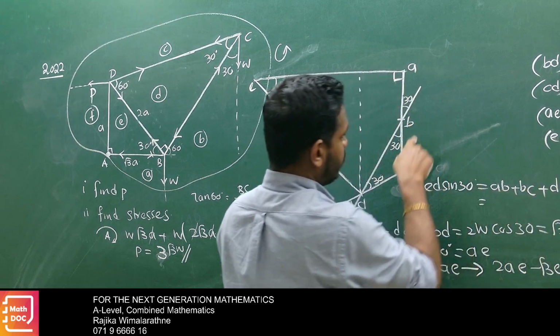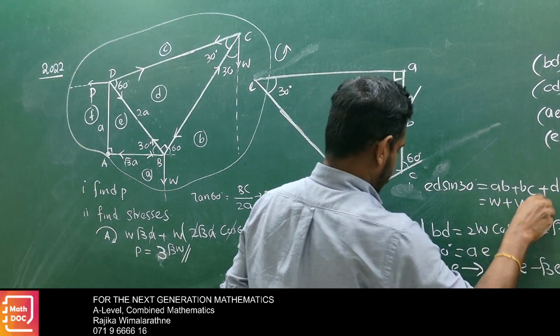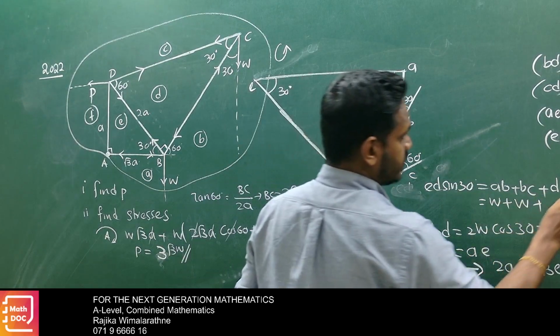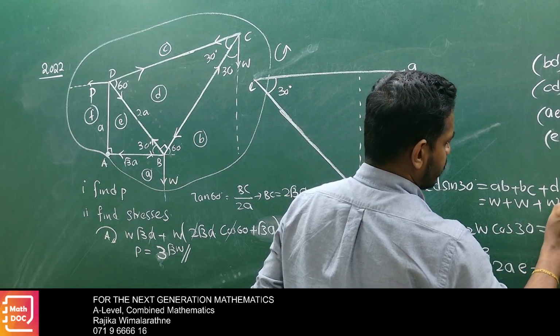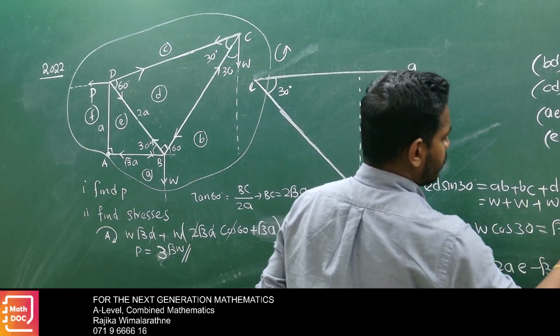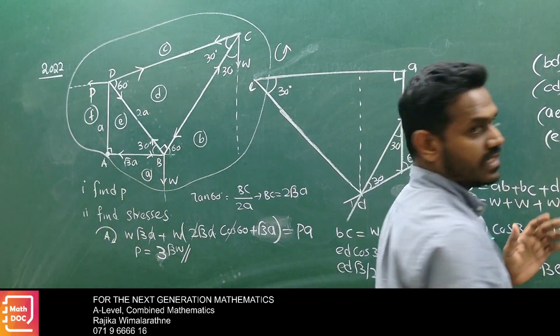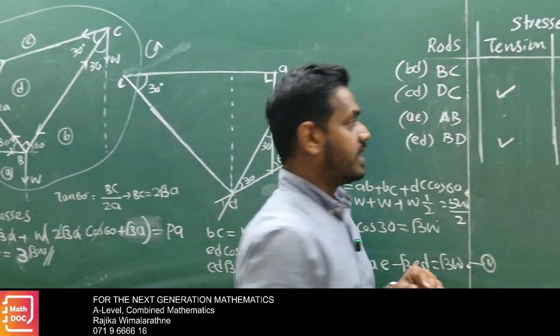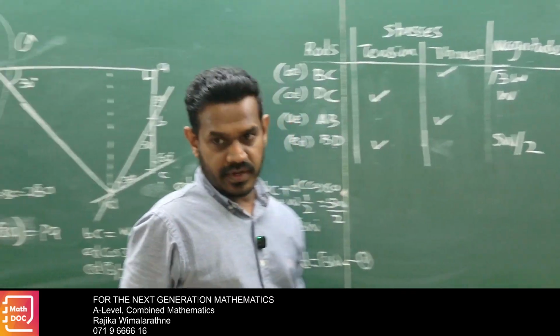Then AB is W, BC is W, DC again W cos 60. Half. Then 2, 4, 5. 5W over 2 ED. Then update the table. Then ED is 5W over 2, no?